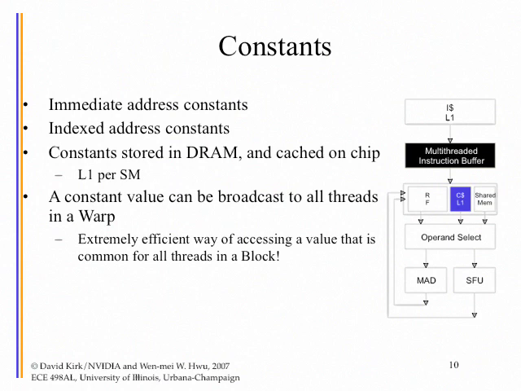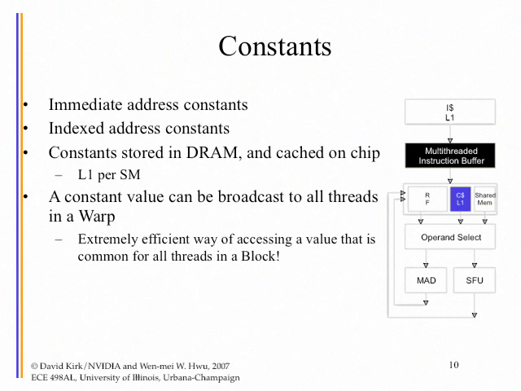So if you have, let's say, a physics constant that will be used by all the threads in calculating the force or something, that will be a prime example for using constant memory. And if you have an image reconstruction algorithm and you have some kind of constant in your trigonometry function, those are the prime examples.